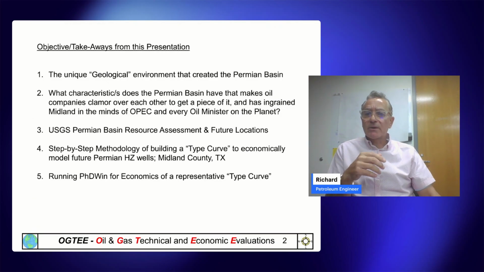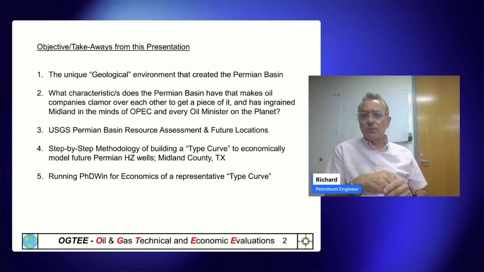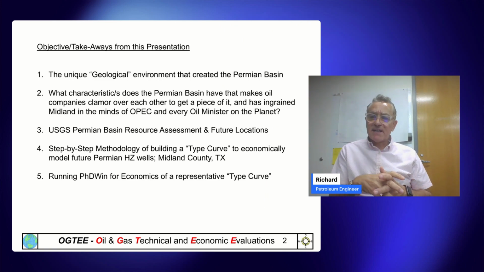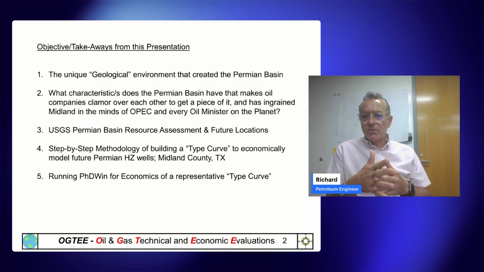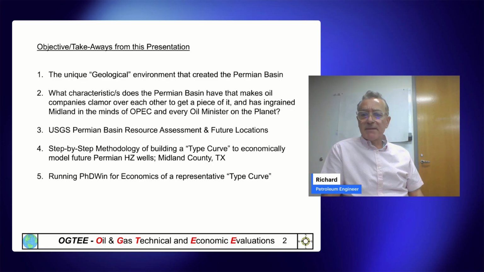Okay, so now what we're going to talk about here is the objective and takeaways from this presentation. I've got 5 things that I'd like everybody who is listening to this to basically gain an appreciation for, and that is to understand the unique geological environment that created the Permian Basin, what characteristics the Permian Basin has that makes oil companies clamor all over each other, and has ingrained Midland in the minds of OPEC members and every oil minister on the planet.